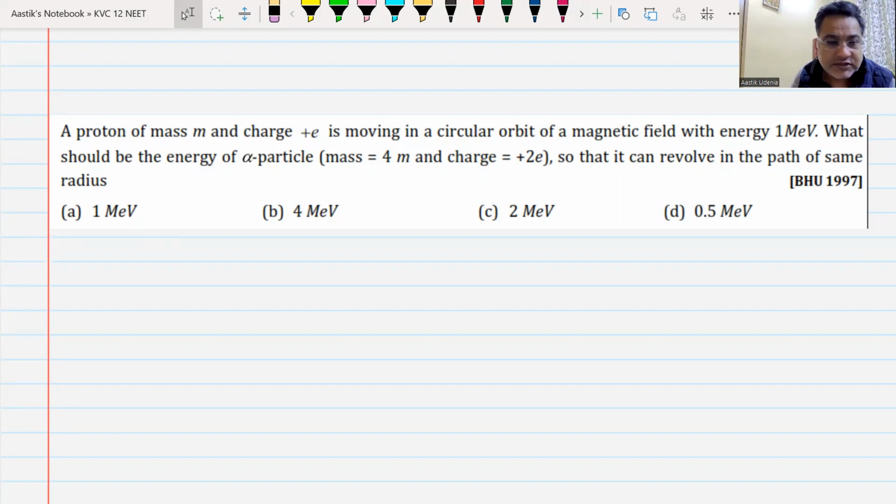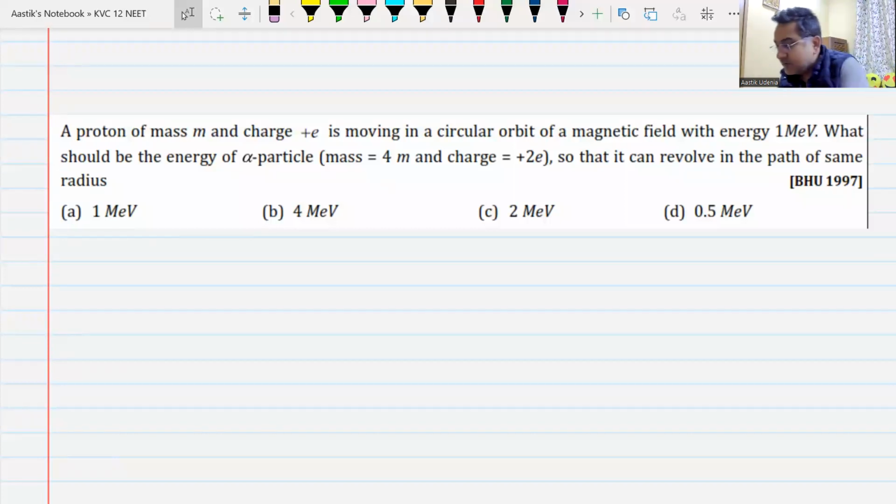What should be the energy of an alpha particle? As I said, mass of alpha particle, which is helium nucleus, is 4 times the mass of the proton, and charge is 2 times the electron or 2 times the proton, so that it can revolve in a path of same radius. I'll give you 2 minutes to give me the answer. Think aram se, take your time, solve the question and try to get the correct answer.